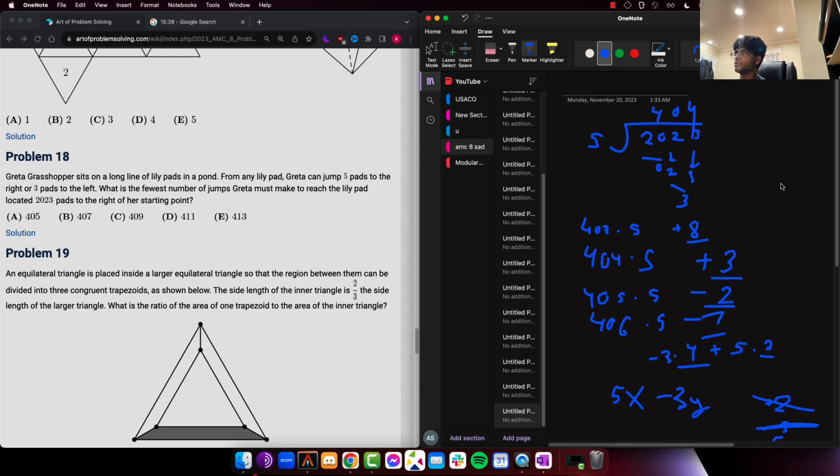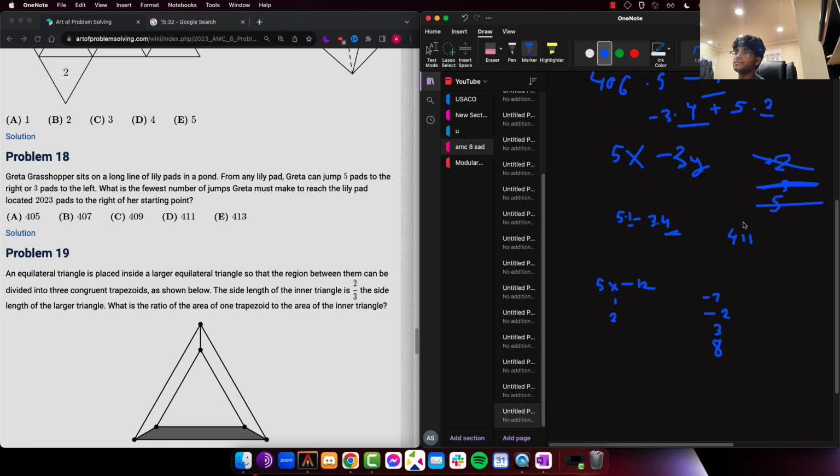I'm convinced it's 411, honestly. Because you have to travel up this thing greedily by a multiple of 5 to get in the vicinity of that, and then in order to end up at the exact location, we just proved that it has to be 4 mod 5.